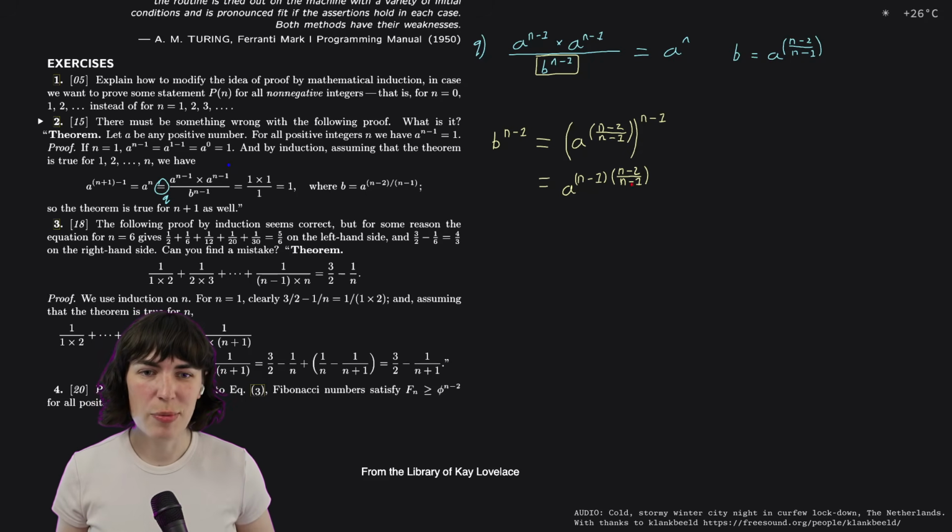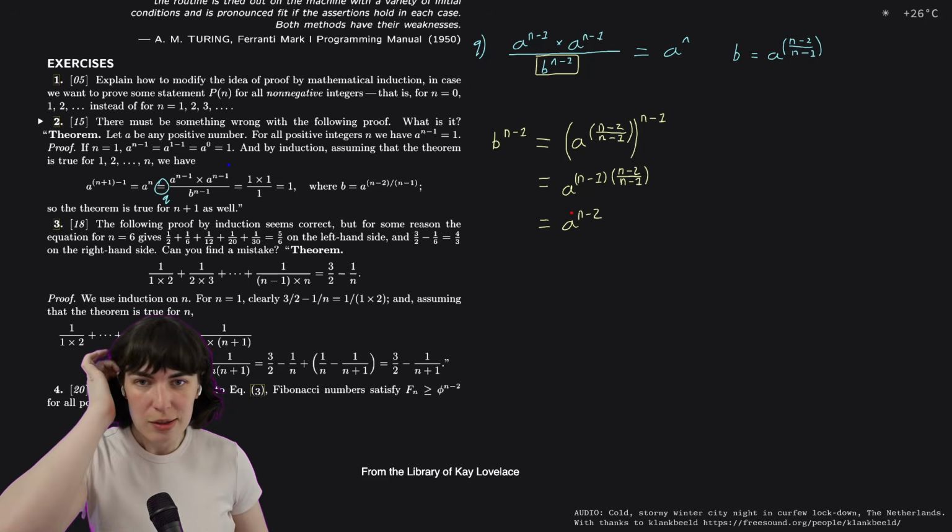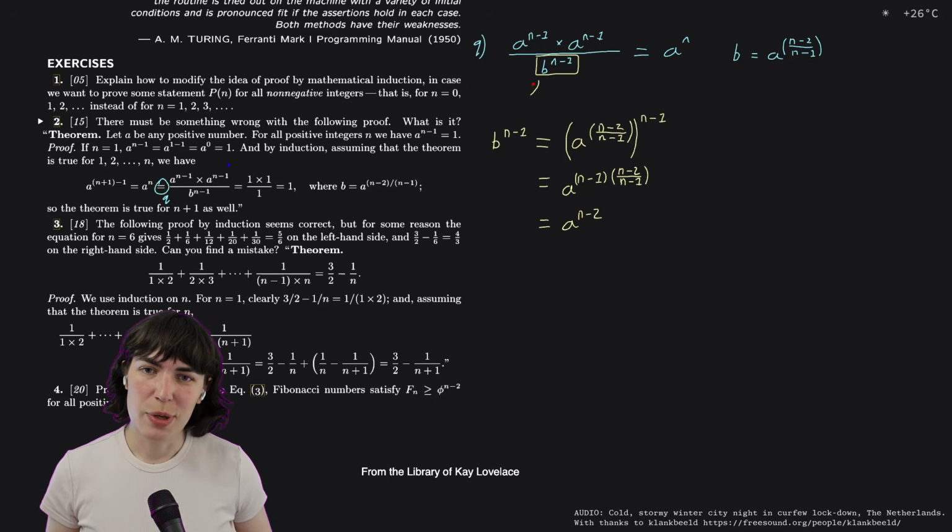Now we've got something divided by n minus 1 multiplied by n minus 1. So we can simplify this to a^(n-2). So this ends up being a^(n-2).